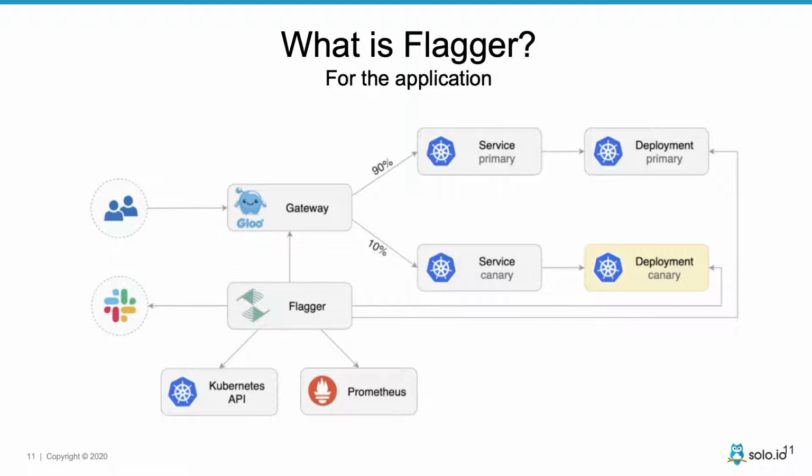And it will use metrics to evaluate whether this new canary version is healthy and performant. And based on the metrics, it will decide whether to promote or roll back. So we'll see how Flagger really has been engineered to automatically configure the Gloo Edge API gateway to assist with automated canary deployments.